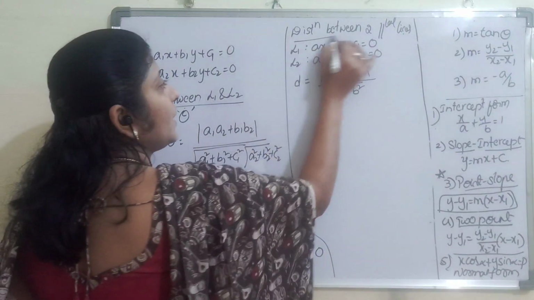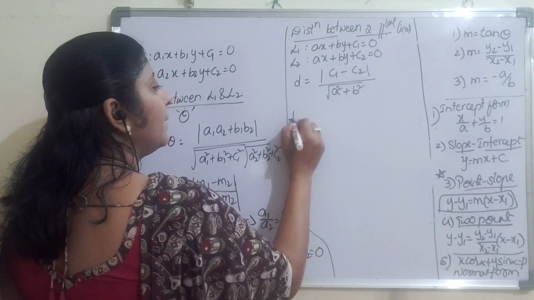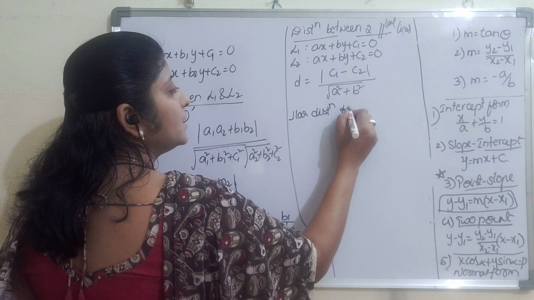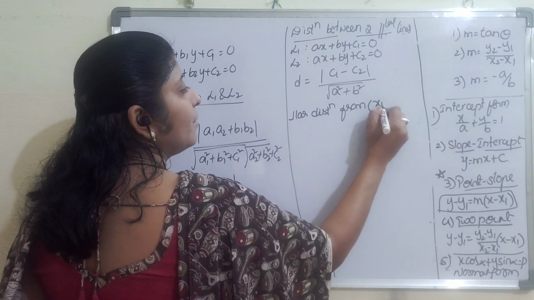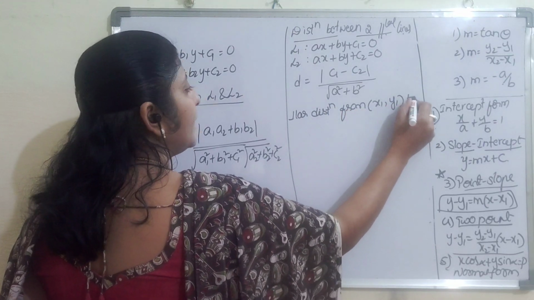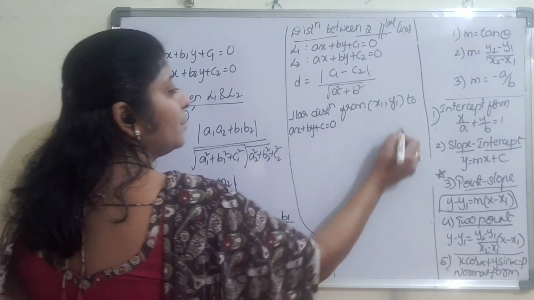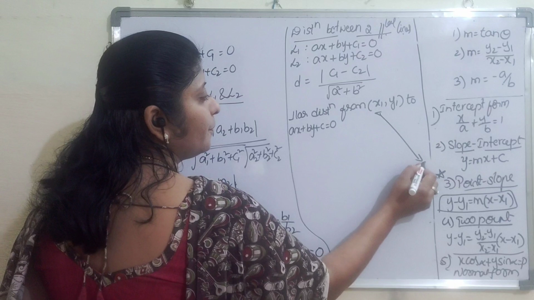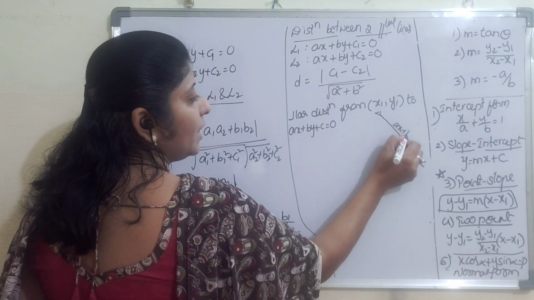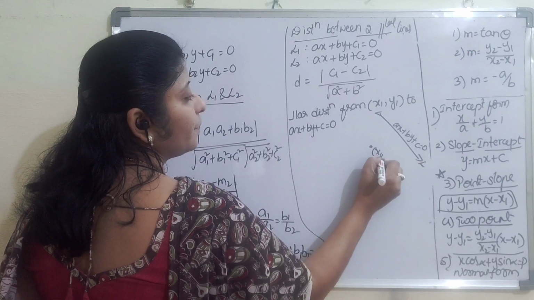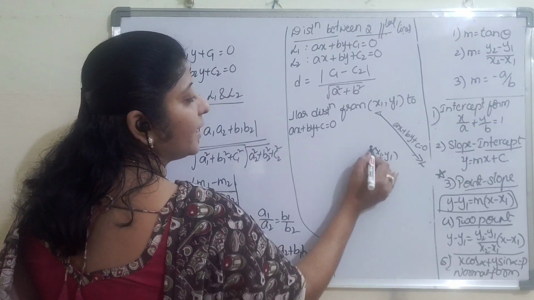And perpendicular distance from a point x1, y1 to the line ax plus by plus c equal to 0. That means if you consider this is the line L, ax plus by plus c equal to 0, and this is a point, you can't take a cross distance like this.